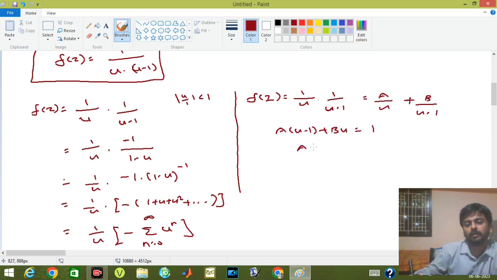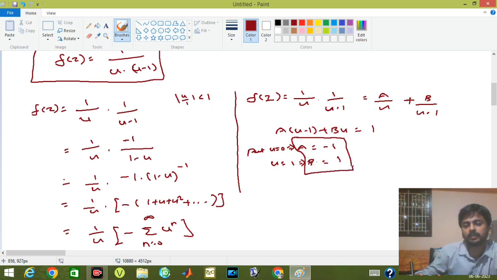So put u equal to 0, which implies a equal to minus 1. Put u equal to 1, which implies b equal to 1. So we will get the values a equal to minus 1, b equal to 1.